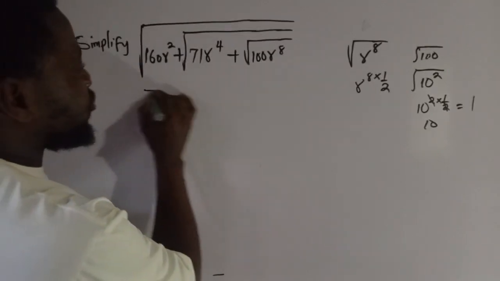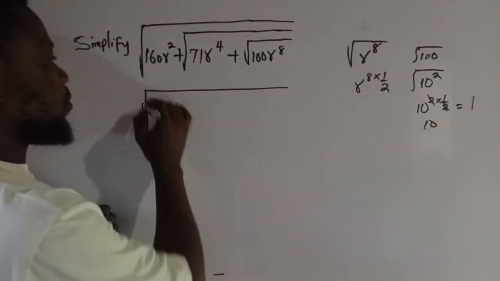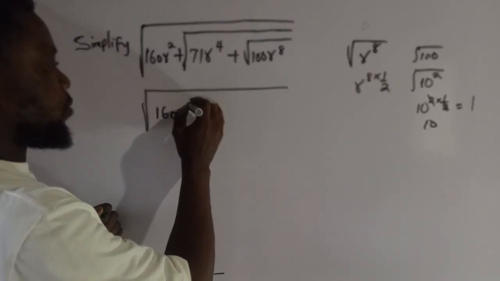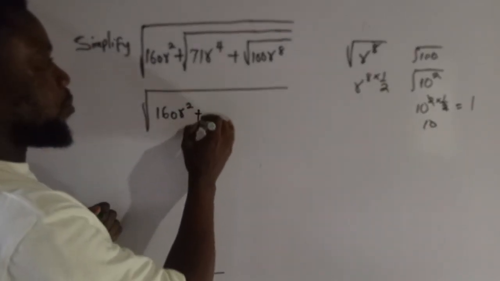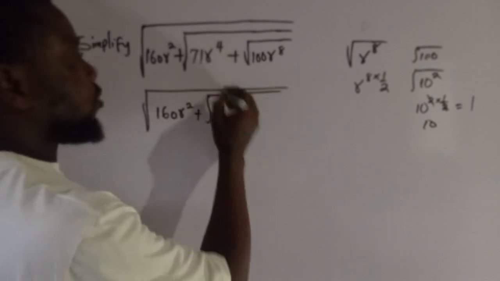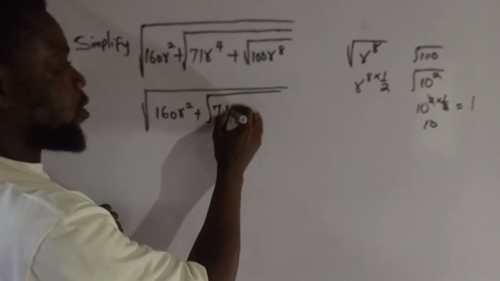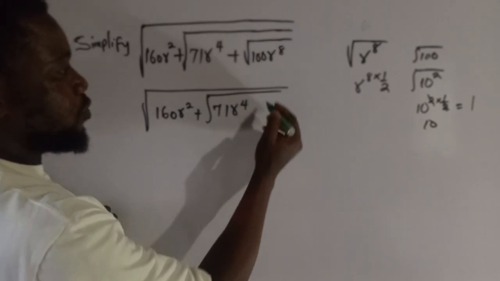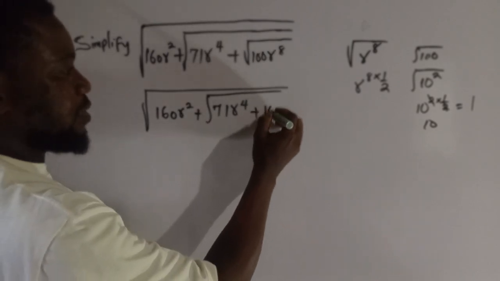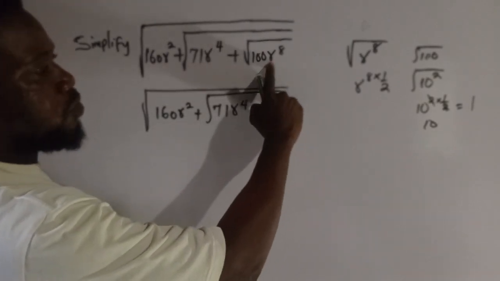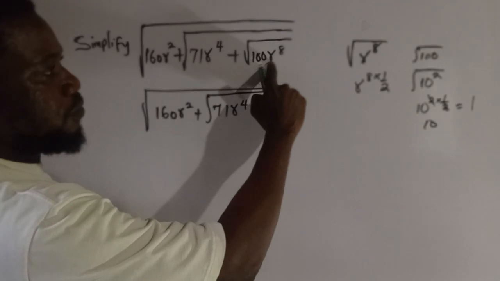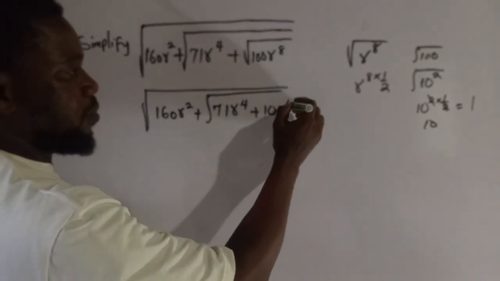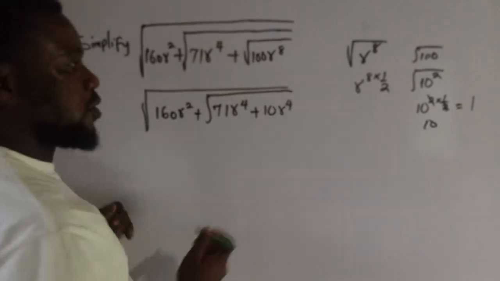So we have the square root of 160r² plus the square root of 71r⁴ plus the square root of 100r⁸. The square root of 100 gives us 10, and the square root of r⁸ gives us r⁴.